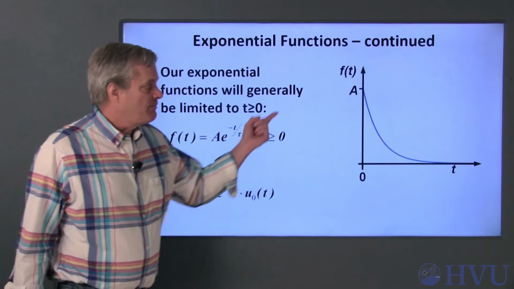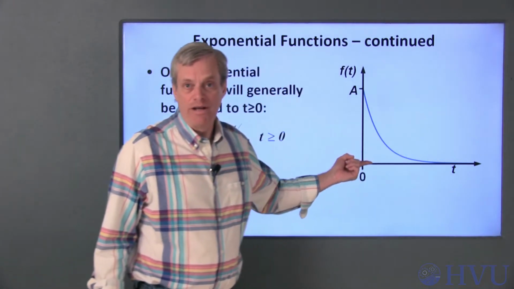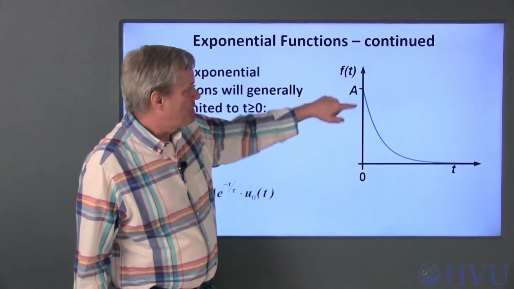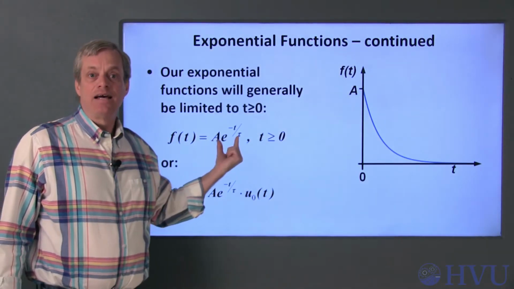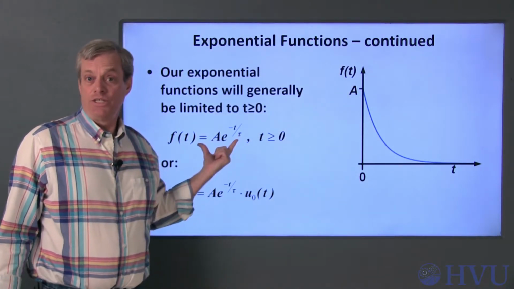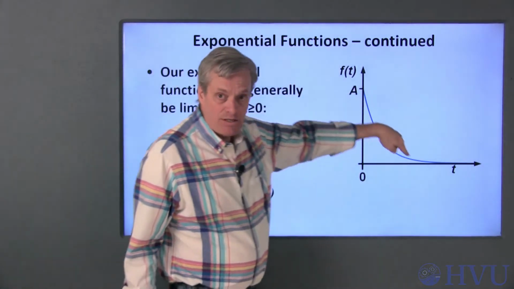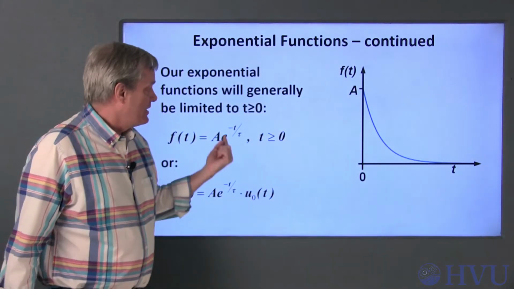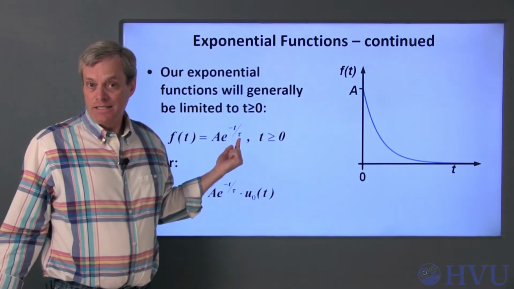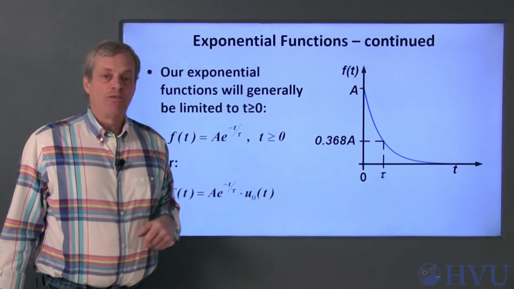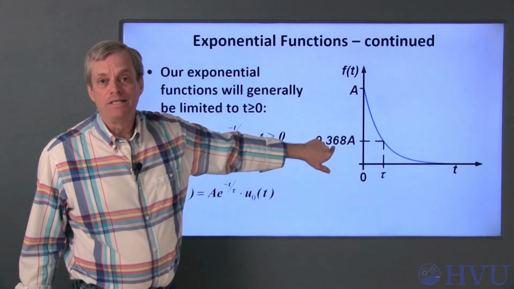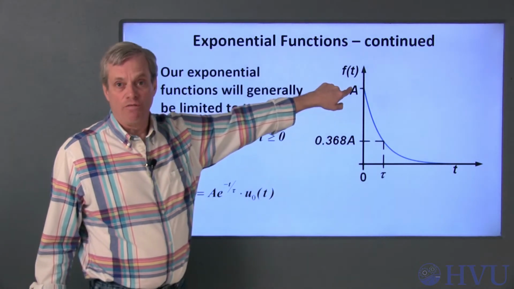A plot of this function is shown here for t greater than 0. The value of the function at time t equals 0 is a, since the function is a times e to the 0th power, which is just a. The function goes to 0 as time goes to infinity, since e to the negative infinity is 0. The time constant is the time at which the value of the function is 0.368 times its original value.